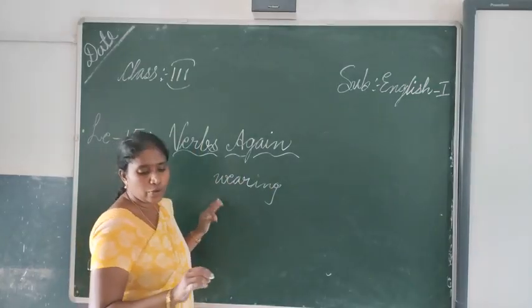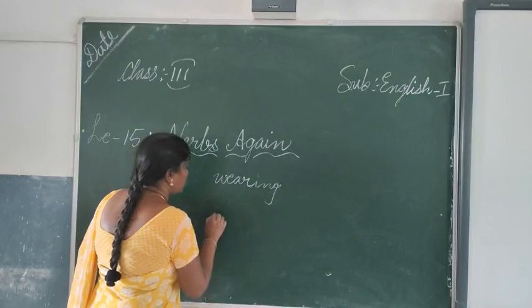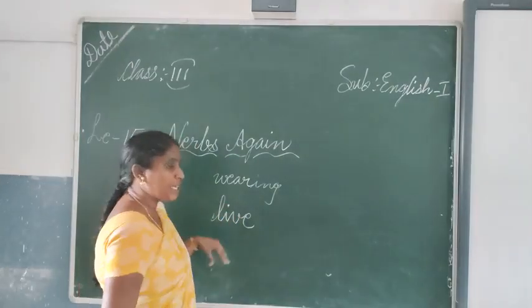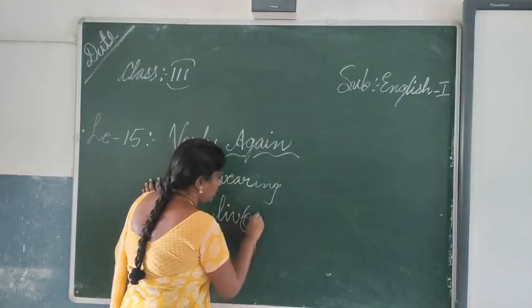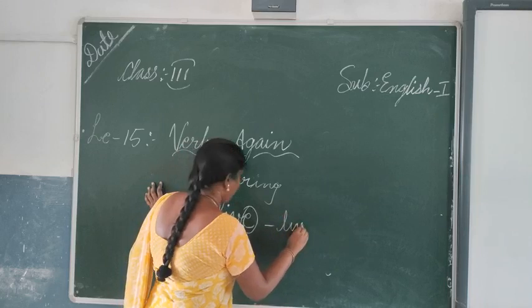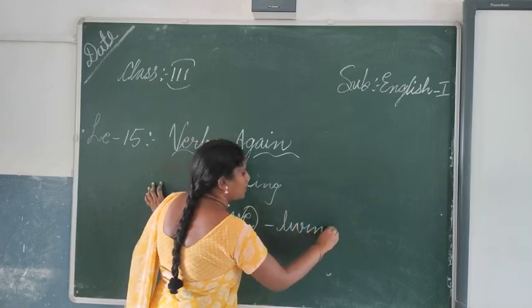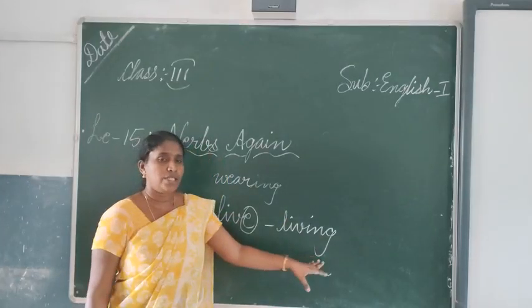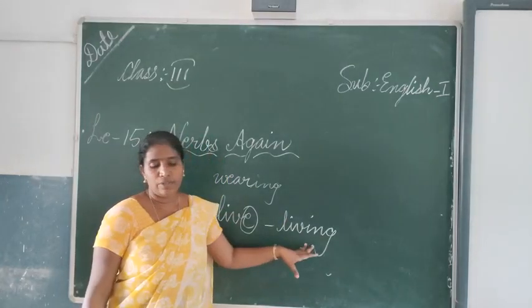If there is an e, you have to drop that e and add ing. Suppose you see L-E-A-V-E. So leave. Leaving means this e will be dropped and we will be writing I-N-G after V. L-E-A-V-I-N-G, leaving. So like this we will be writing.